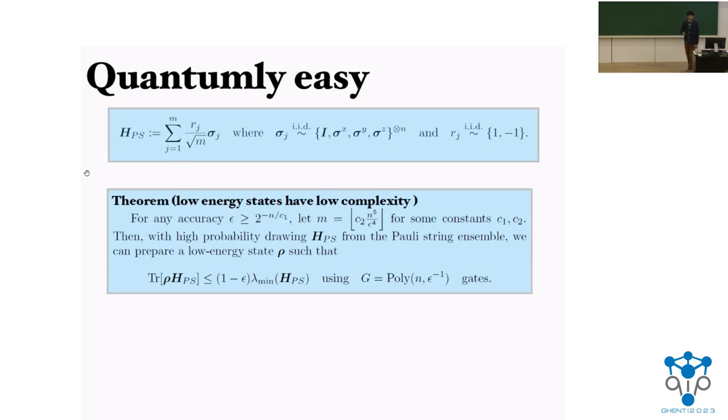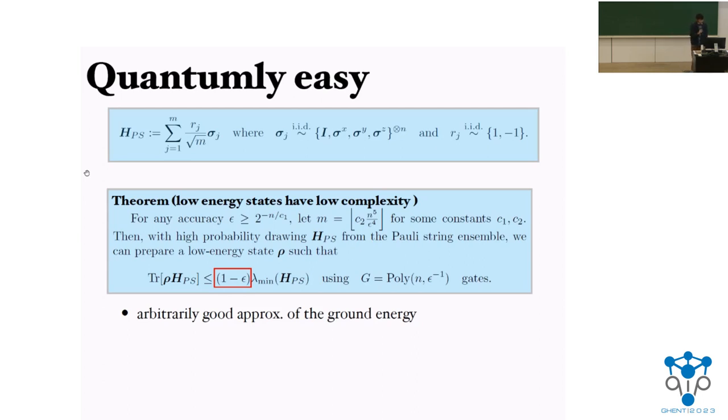The theorem states that the low energy states of the Pauli string ensemble have low quantum complexity. There's an efficient algorithm that finds this low energy state to arbitrarily good approximation of the ground energy. So you see the scaling is 1 minus epsilon, and you have the freedom of making epsilon as small as you want.